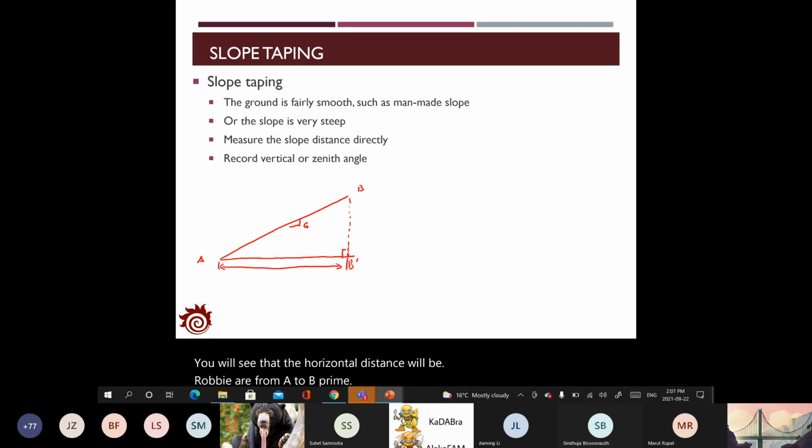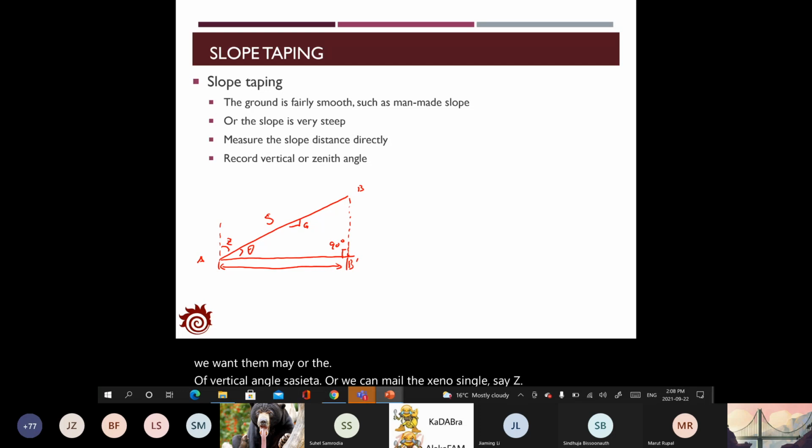And this would be at a right angle, 90 degrees. So in the slope taping, we actually measure the distance of the slope, say it's S. And we will then measure the vertical angle, say theta, or we can measure the zenith angle, say Z.